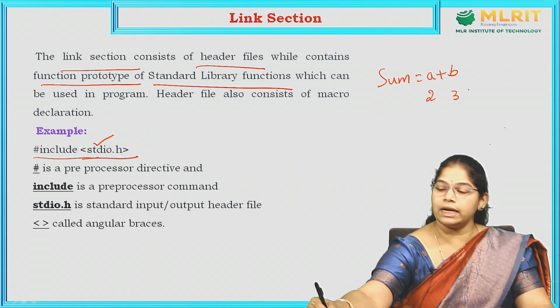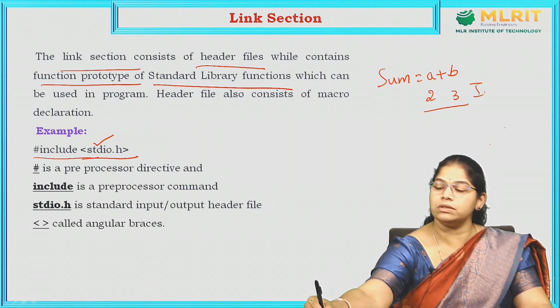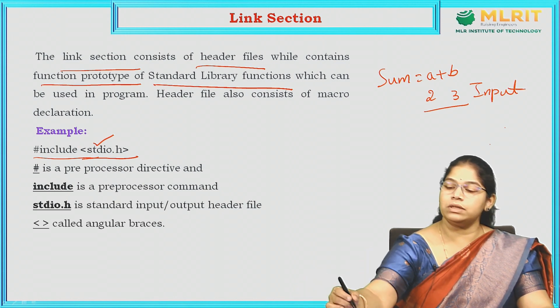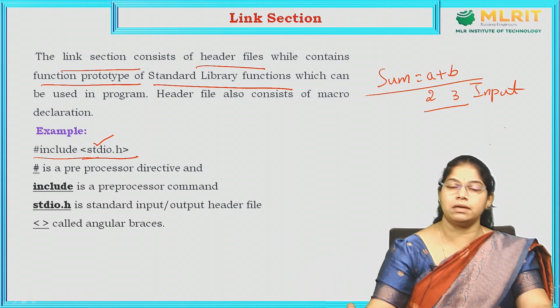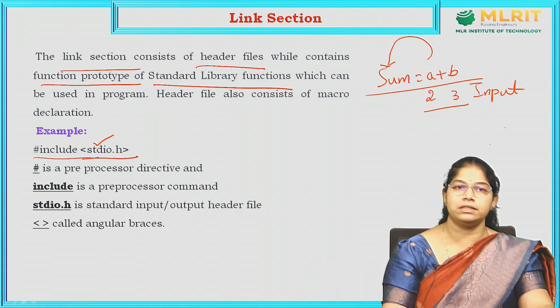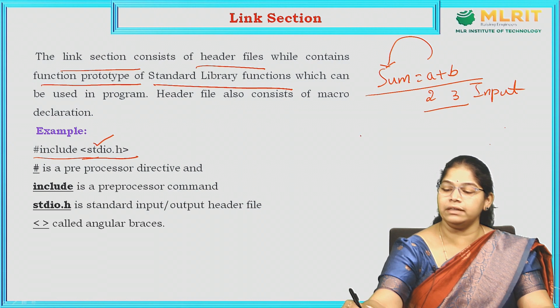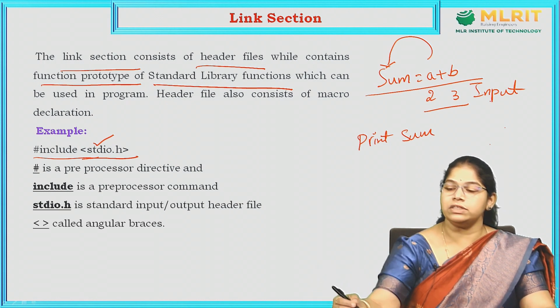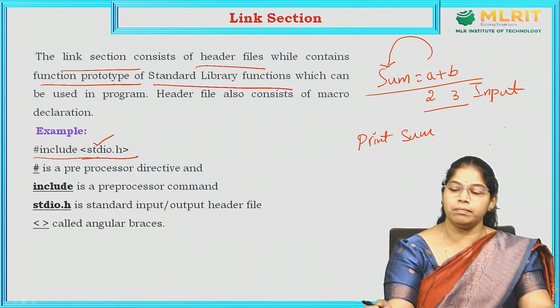These two values are the inputs which I am giving, and the compiler has to perform sum is equal to a plus b, and the result must be stored in sum. Then we have to print the sum. The inputs 2 and 3 are provided by the user, and the compiler has to read them.